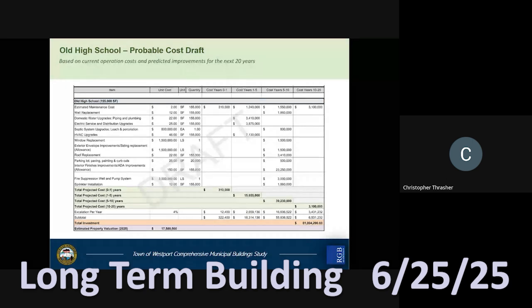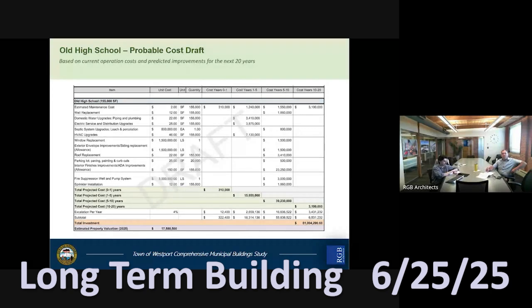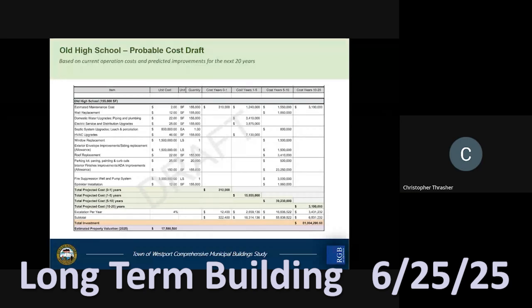But I think the least cost option should be presented more in terms of making a comparison, as opposed to an option that we want to put towards a town meeting. You get what I'm saying?